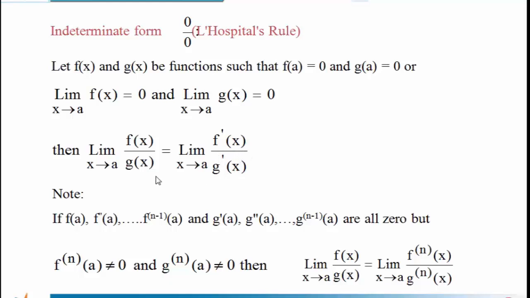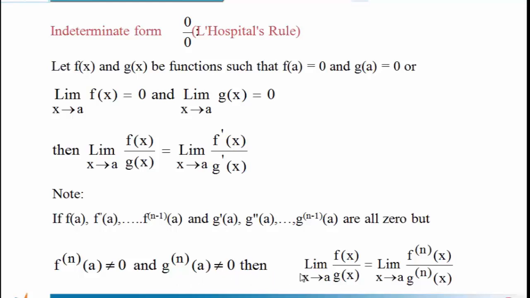Again we can generalize this rule by adding one equality, equal to the limit of f double dash of x divided by g double dash of x, and so on, provided f of a, f dash of a, and so on up to the (n minus 1)th derivative at a are 0. Similarly g dash of a, g double dash of a, up to the (n minus 1)th derivative at point a are 0, but the nth derivative at point a is not equal to 0, and the nth derivative of g is not equal to 0.